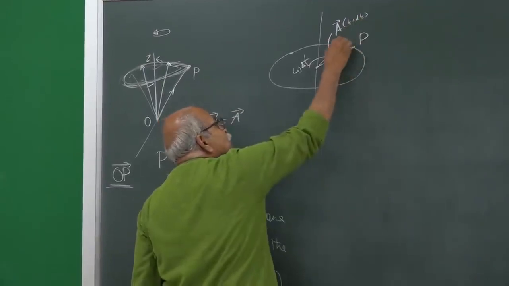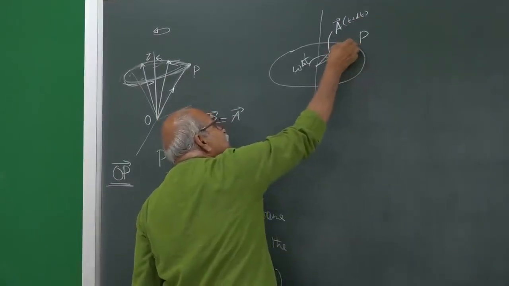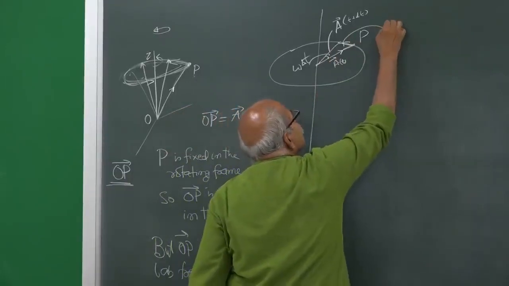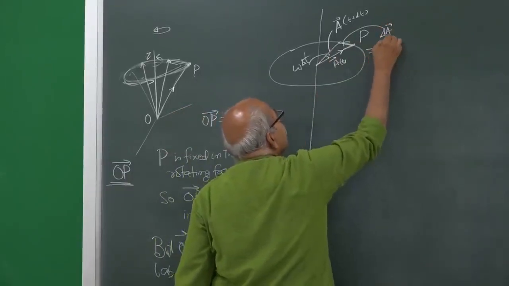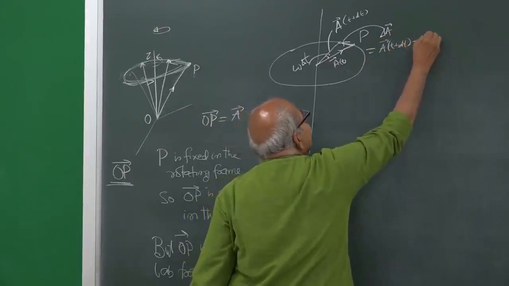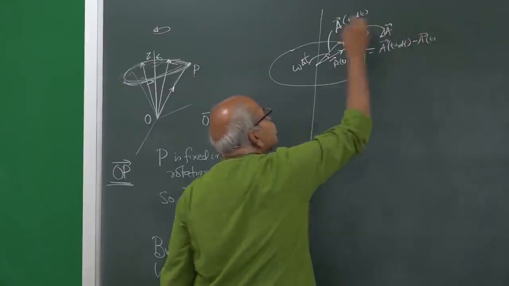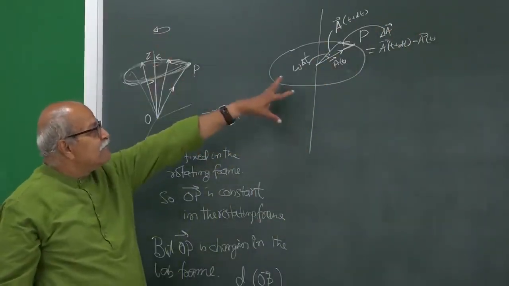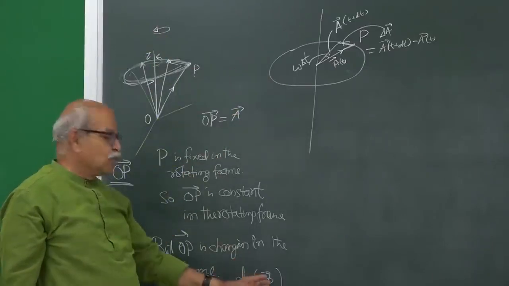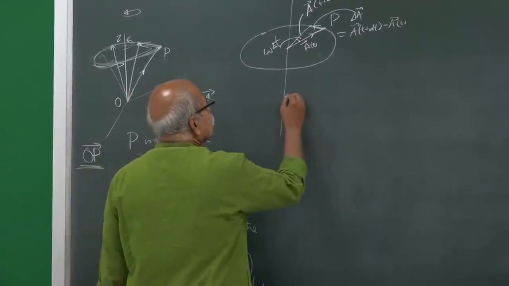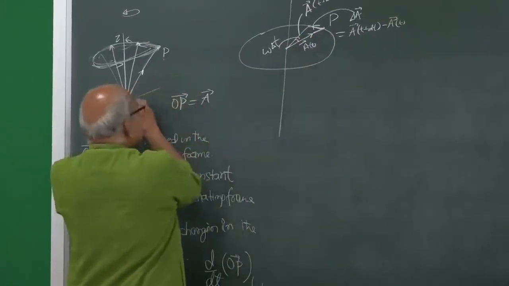And this is the change. This is delta A, which is A at t plus dt minus A at t. Divide by time, and you will get d/dt of OP in the lab frame.